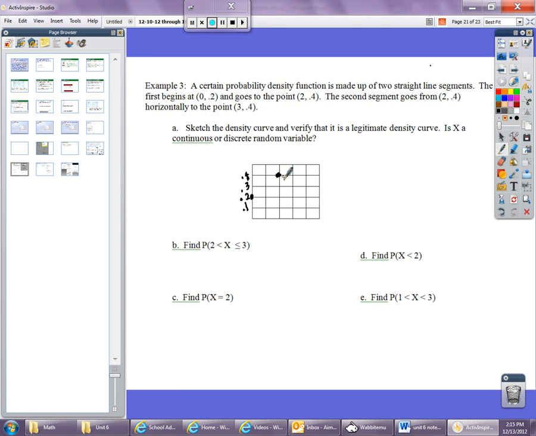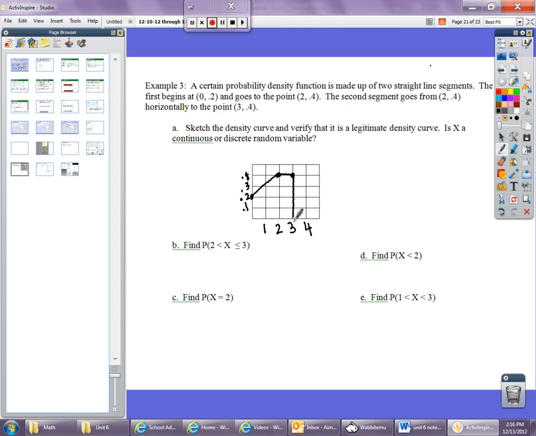Then goes from 2.4 to 3.4. And again, this axis 1, 2, 3, 4. Okay, and then horizontally to 0.34. So it goes up here and then across here. Okay, and that's your density curve.